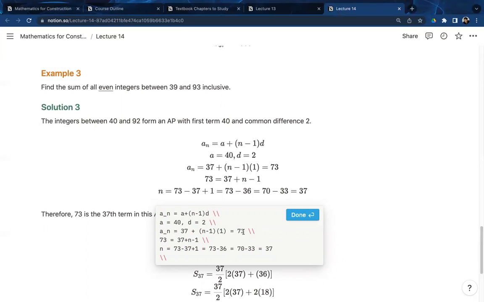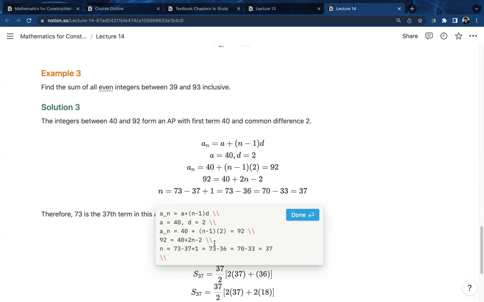So 92 is which term? The 20th term, the 25th term, the 5th term, we don't know. Trying to figure that out. So I have a linear equation here to solve. 92 is equal to 40 plus 2n minus 2, right? 2 times n, 2 times minus 1.